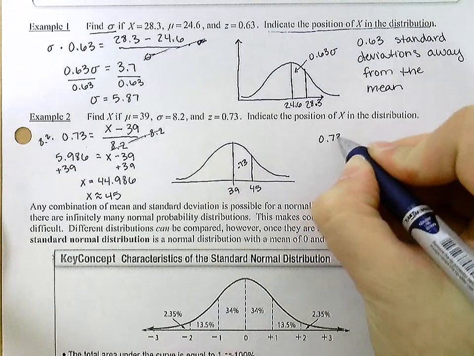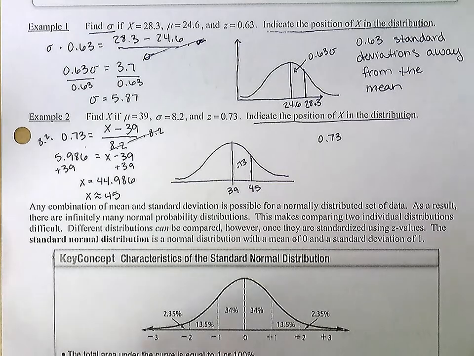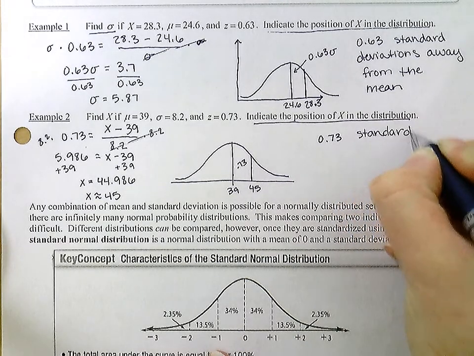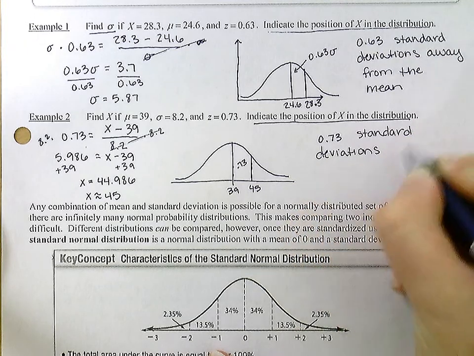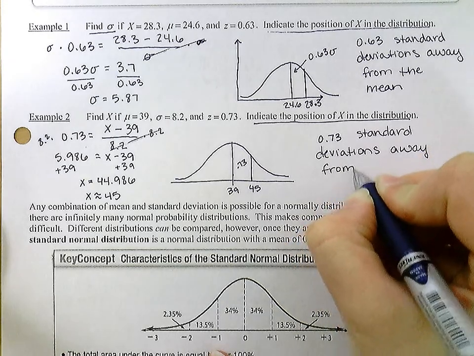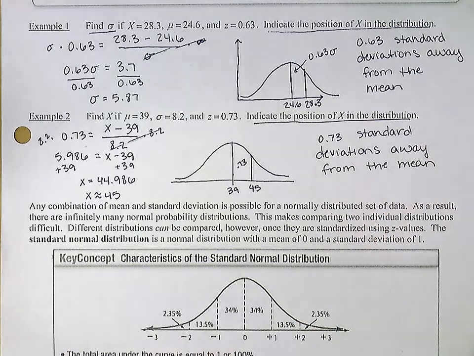So that's what we would have to say to indicate the position of x in the distribution. So it is 0.73 standard deviations away from the mean. Okay, and you do need to state that.